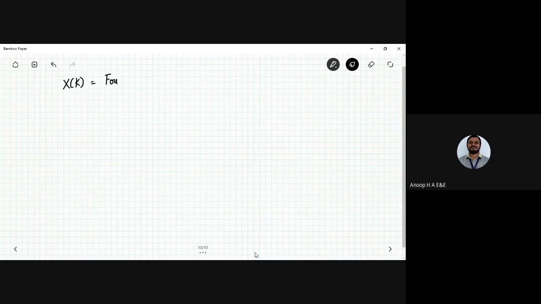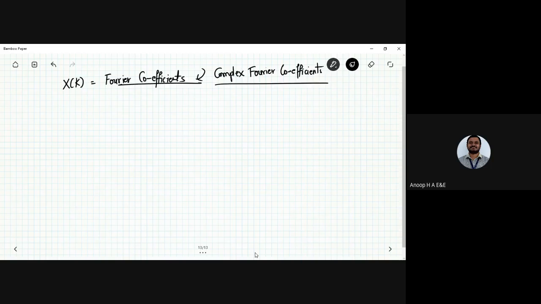That is where you are going to find the Fourier coefficients. x of k is nothing but the Fourier coefficients, the constants which are present there. These are also called complex Fourier coefficients, x of k.